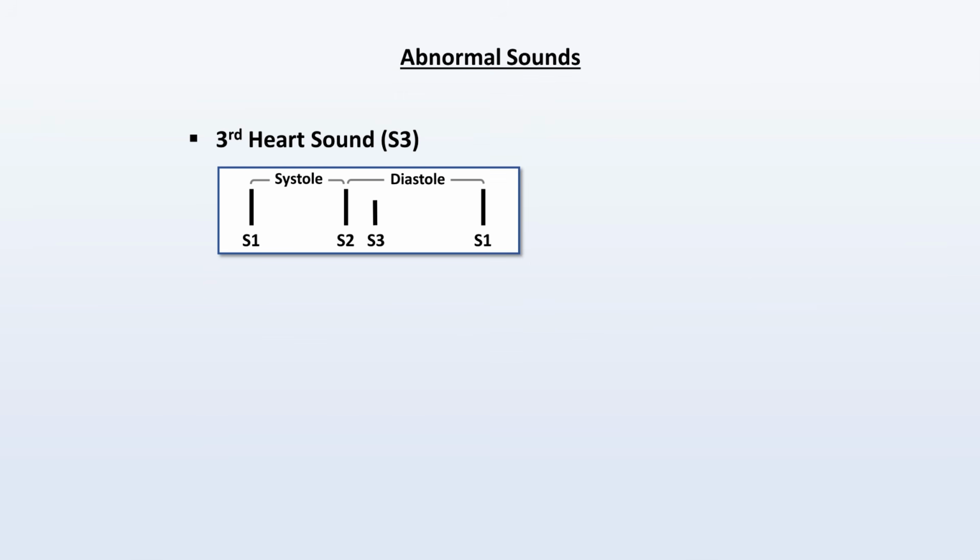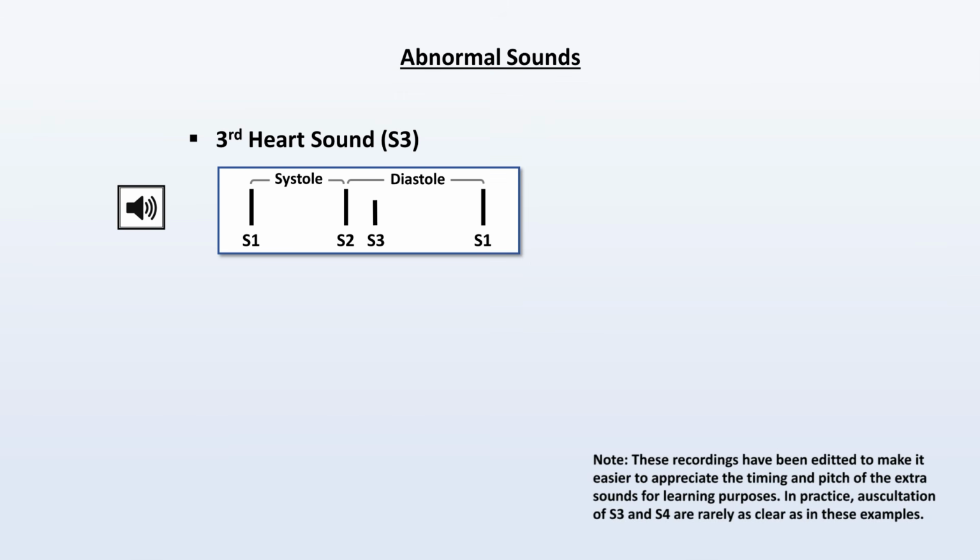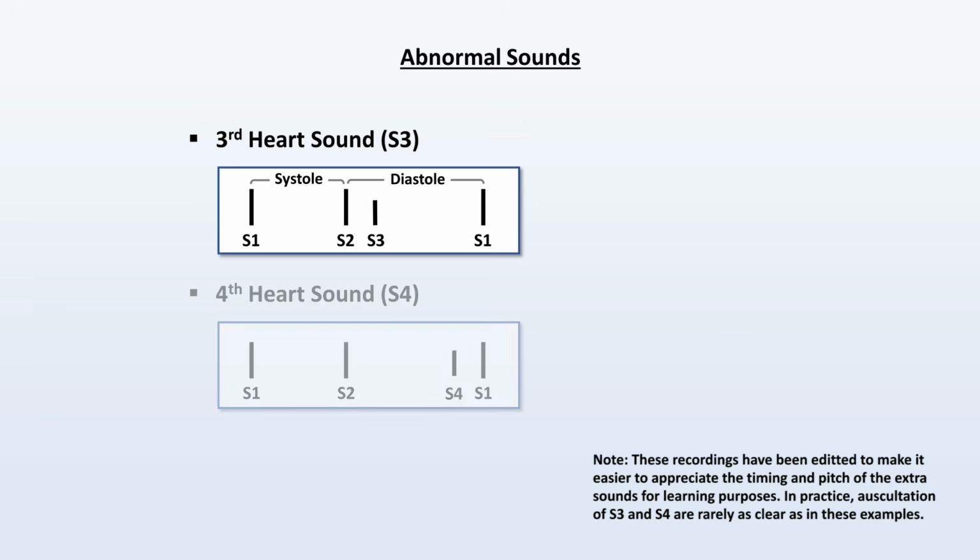There can be abnormal sounds that should not be there at all. The classic examples in this category are the so-called third and fourth heart sounds, better known as S3, which occurs in early diastole, and S4, which occurs in late diastole and corresponds to the atrial kick.